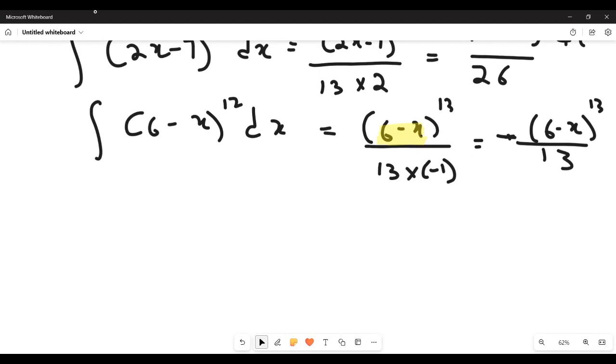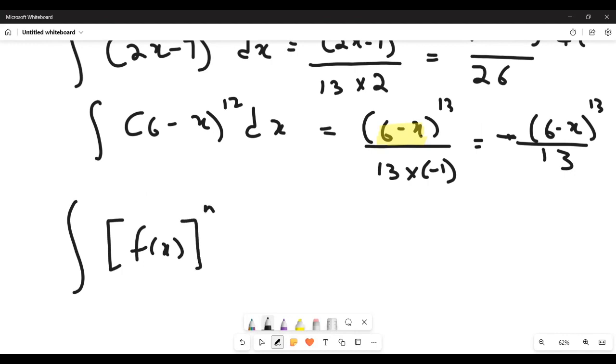Now, what happens when f(x) is not linear? It's integration of f(x) power n dx, but now f(x) is not linear.